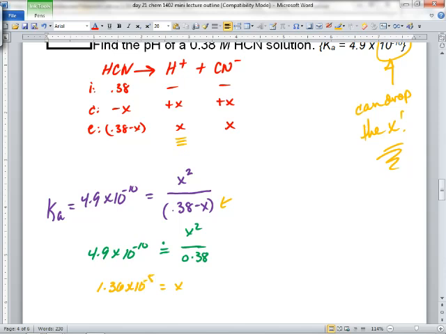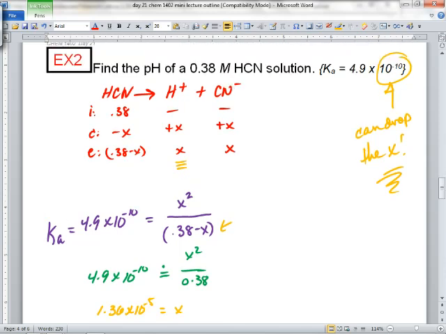And they want to know what the pH is. Oh, I took the square root right away, sorry, on my calculator. So take 4.9 times 10 to the negative 10 times 0.38, hit equals, then take the square root, and you'll get this number.